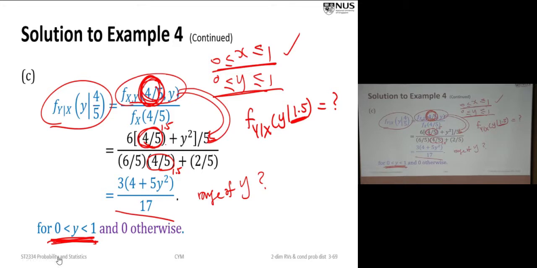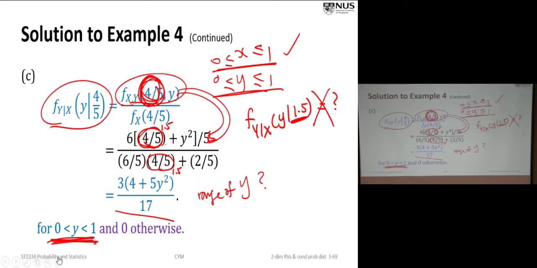So the joint PDF is equal to 0. In other words, the marginal is also equal to 0. So the conditional distribution does not exist. You cannot condition on some value of x which has no chance to occur. You condition on something that will not occur, so it does not make sense. So this one is not defined.